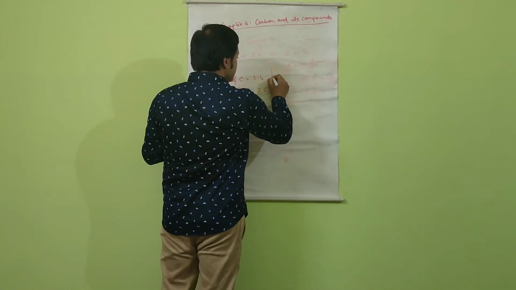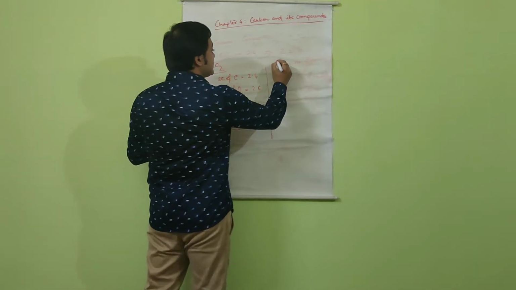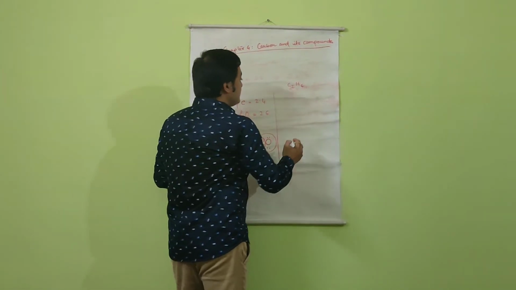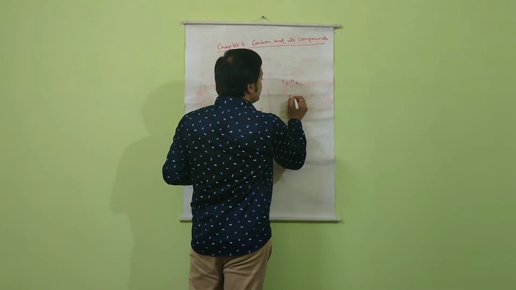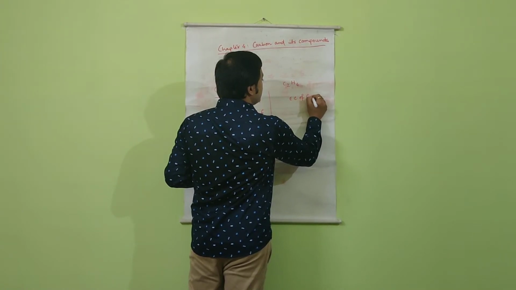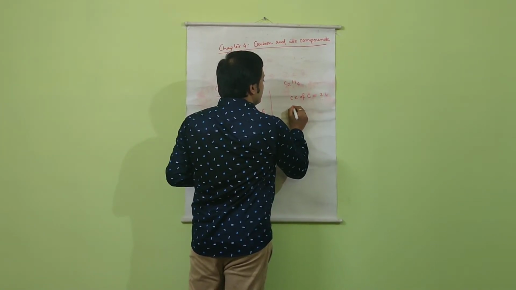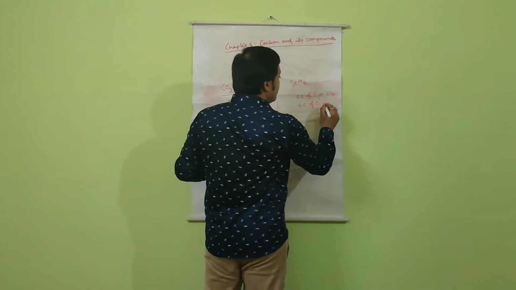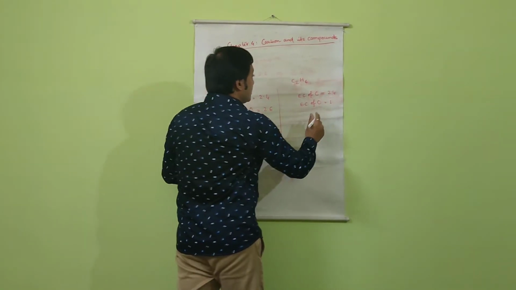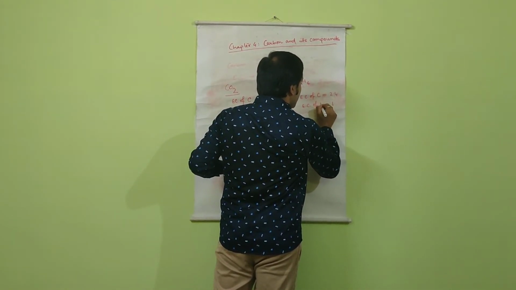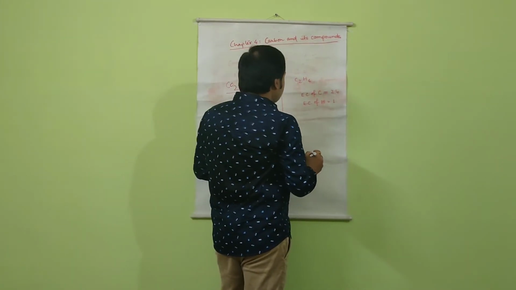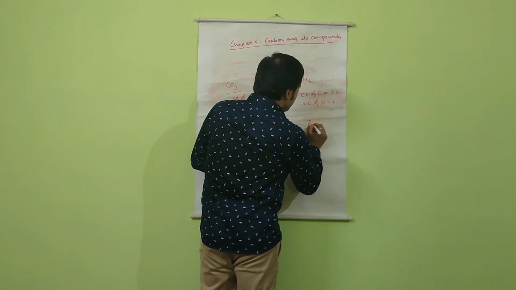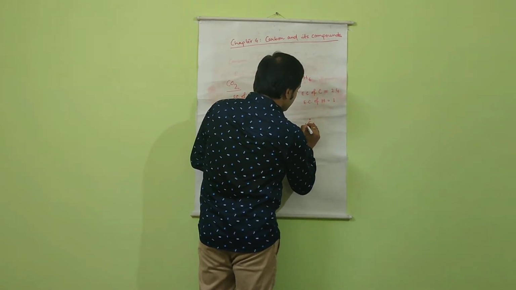Another example is the ethane molecule, in which there are 2 carbon atoms. Now the electronic configuration of carbon is 2,4, and the electronic configuration of hydrogen is 1. Now let us consider this. 1, 2, 3, 4.